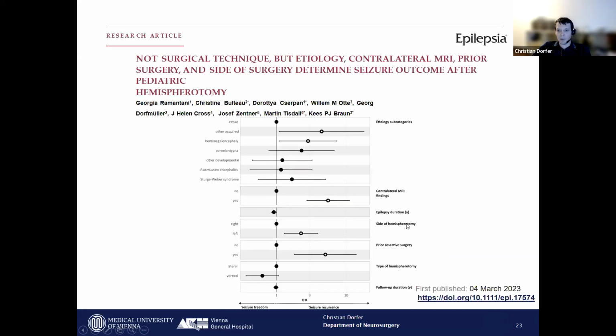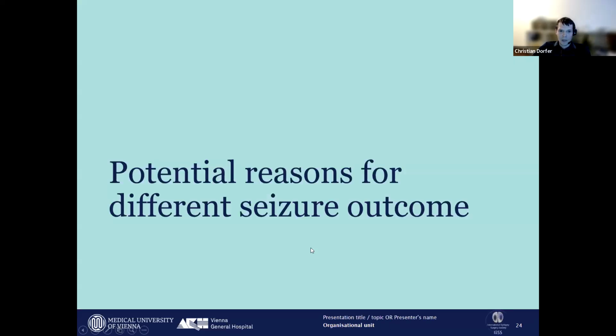And this paper here, just published a couple of days ago, concluded that not the surgical technique, but etiology, contralateral MRI, prior surgery, and the site of surgery determine seizure outcome after pediatric hemispherectomy. Nevertheless, there are some differences, and that may have implications for different seizure outcomes.